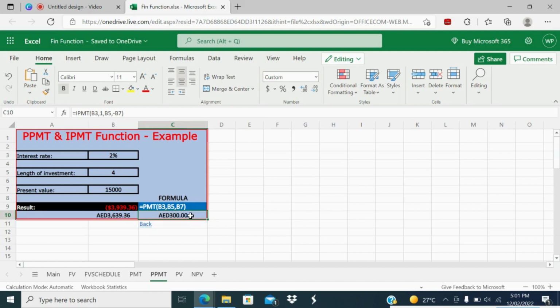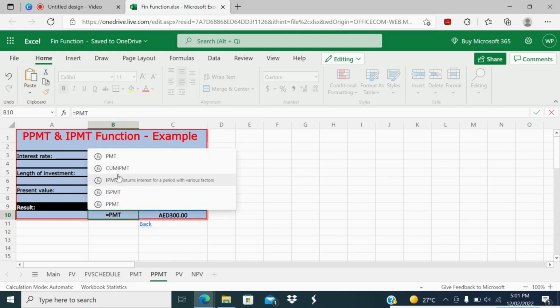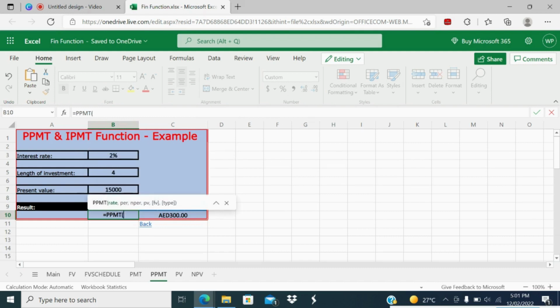Let me write this formula. Ppmt, okay, rate, comma, PER I will leave as it is. Okay, we are not going to consider this value here, or you can consider it as a 1, whatever.